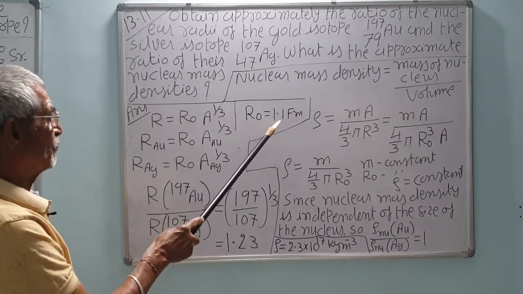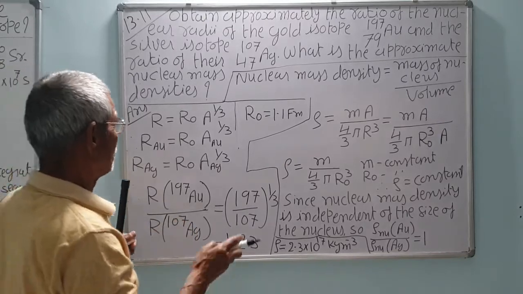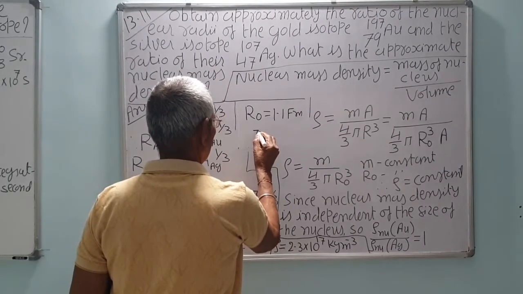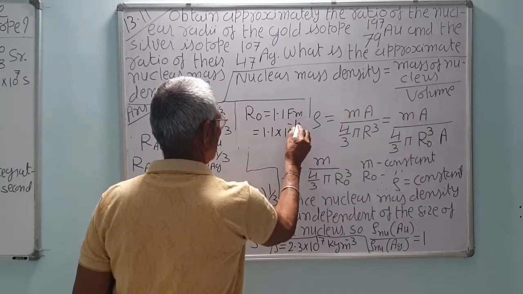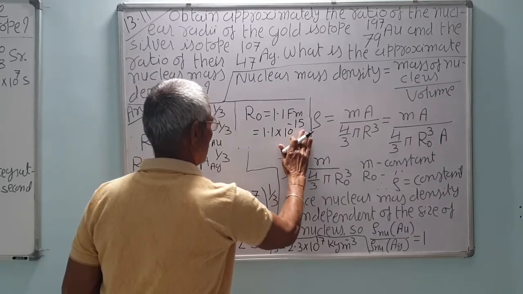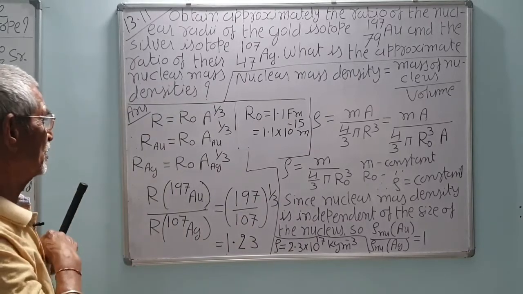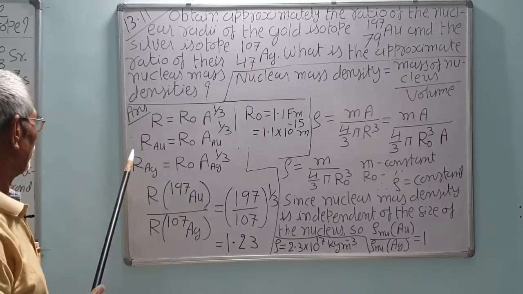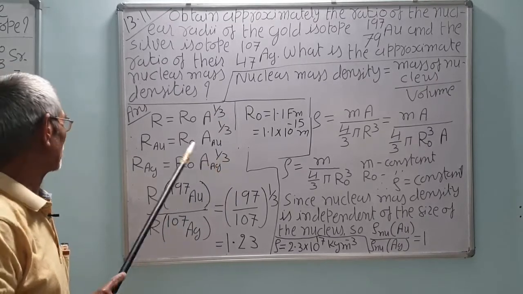So, R0 is equal to 1.1 Fermi meter, that is equal to 1.1 into 10 raised to minus 15 meters also, correct. 1 Fermi meter is equal to 10 raised to minus 15 meter. It is the unit used to measure the size of a nucleus, which is very small. For atomic size, we use the Angstrom unit, which is 10 raised to minus 10 meters.